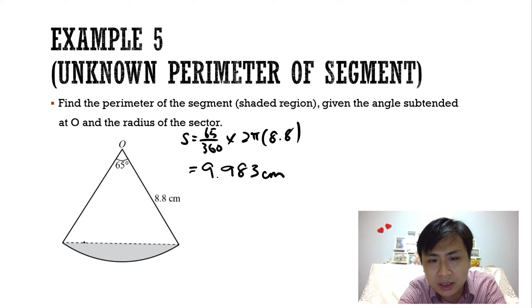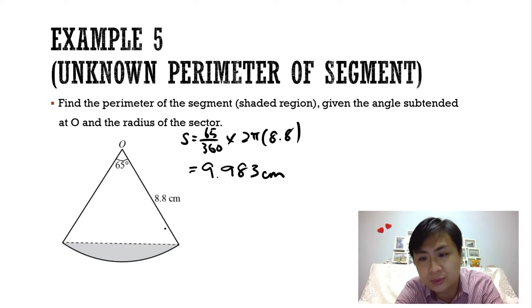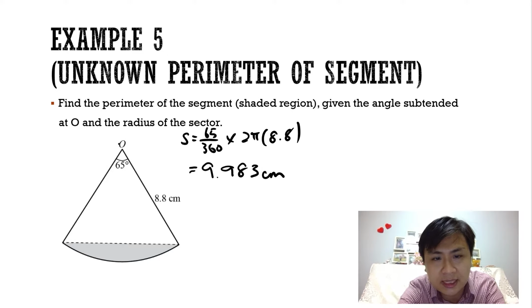This chord can be calculated using the cosine rule, because this length over here is the radius of the circle, and therefore it will also be 8.8 cm. With 2 given lengths and an included angle, we can apply the cosine rule.